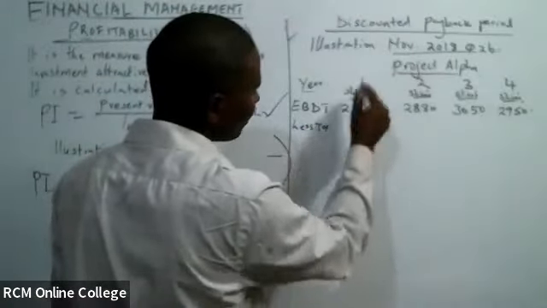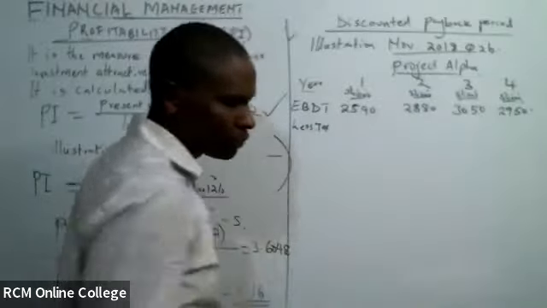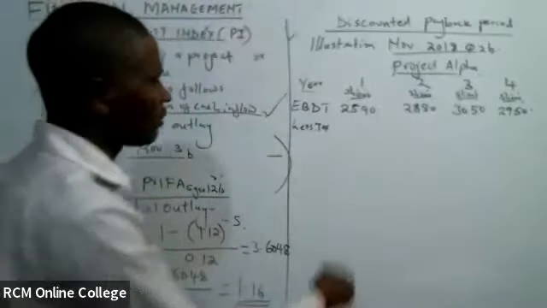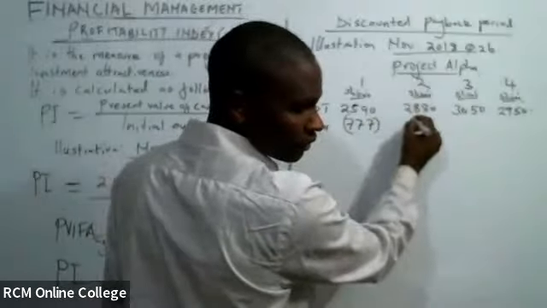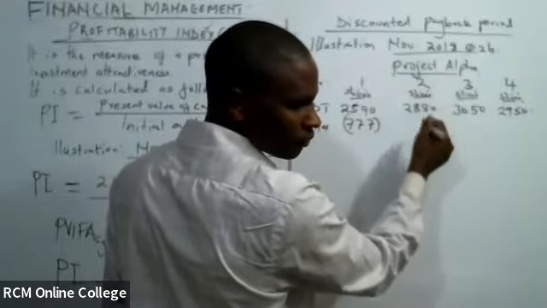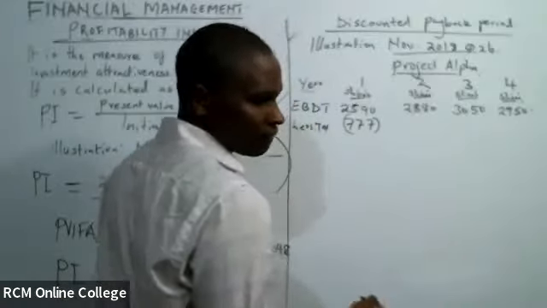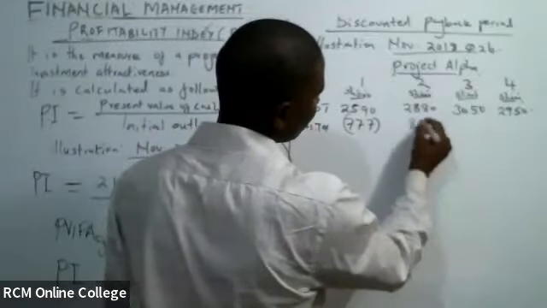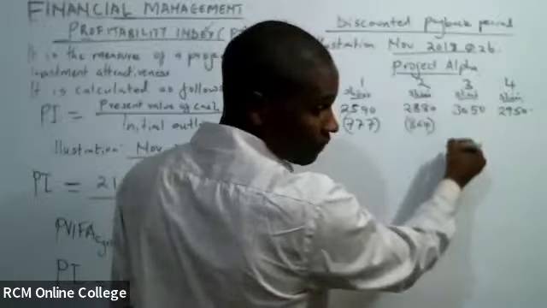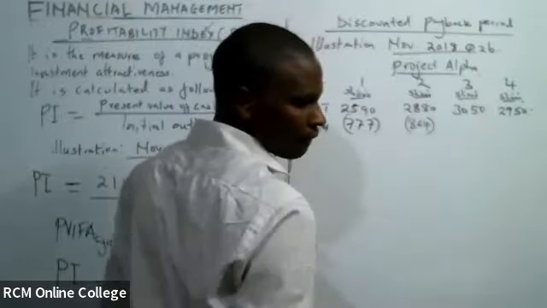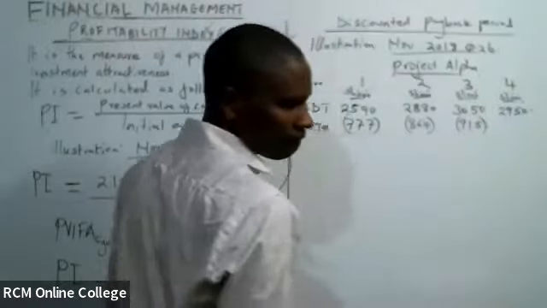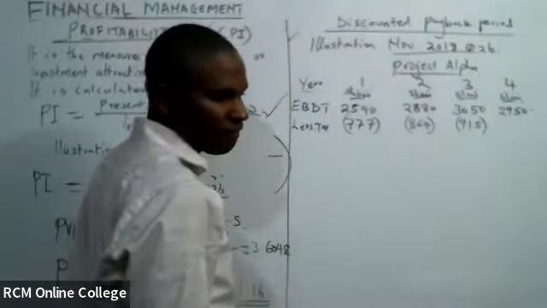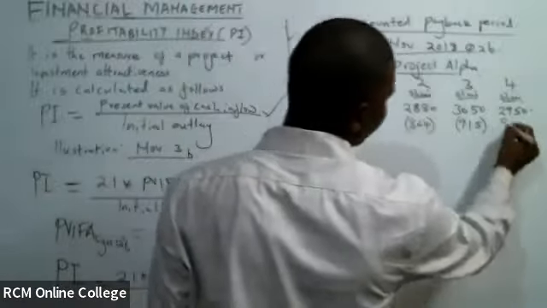So tax, give me 30% of each. 30% of each: 777, 777, 864, 915, and the next one, 885.